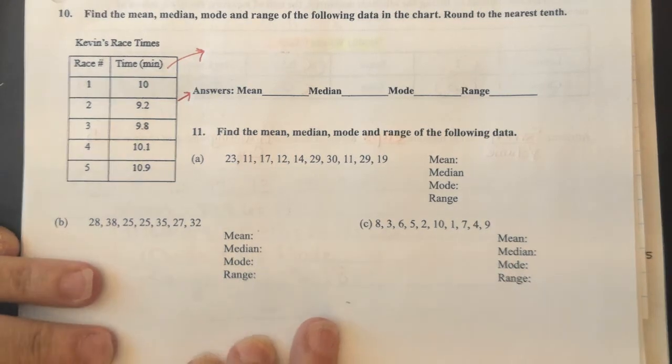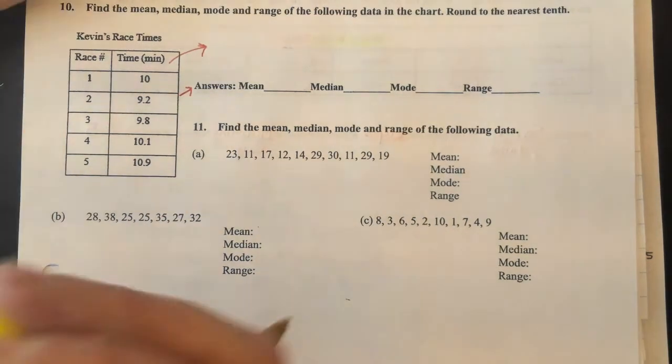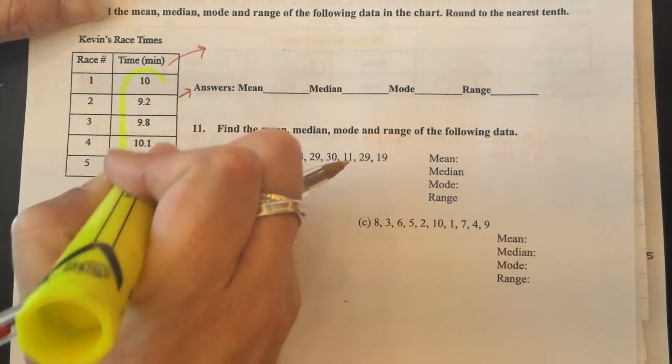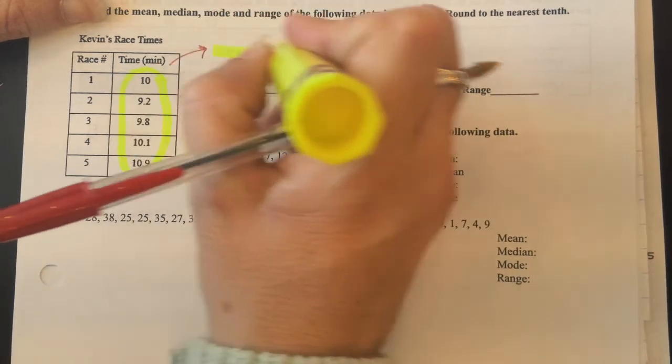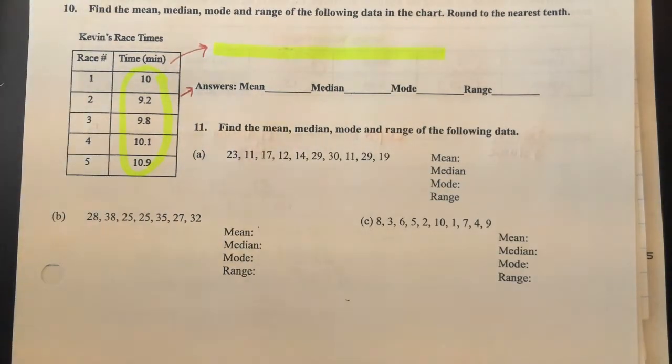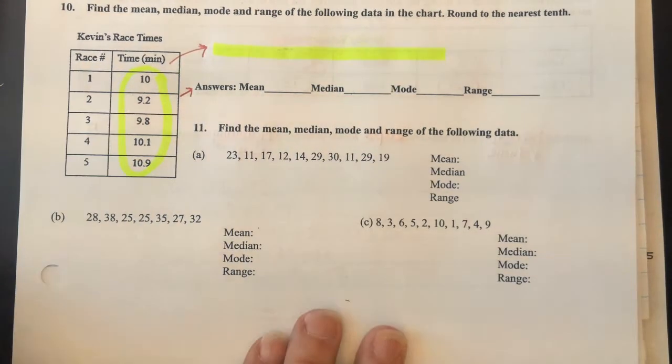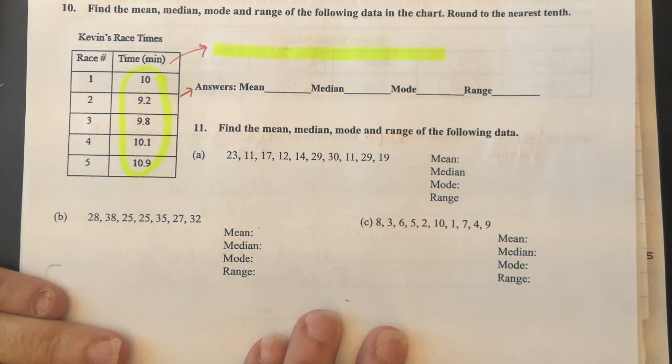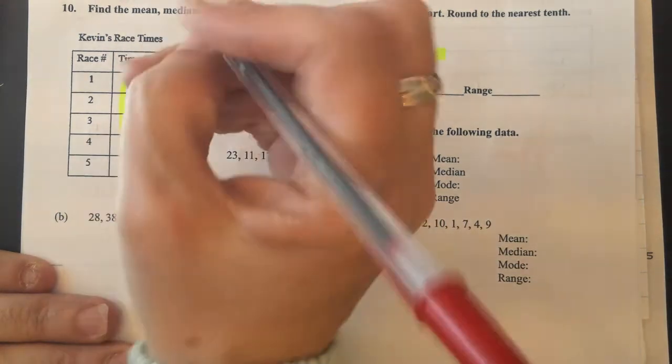So step 1 is to take whatever numbers you have. I want you to see, here's my list of numbers. And right here, I'm going to put them in order from least to greatest. You do not want to do anything until you've put them in order from least to greatest.